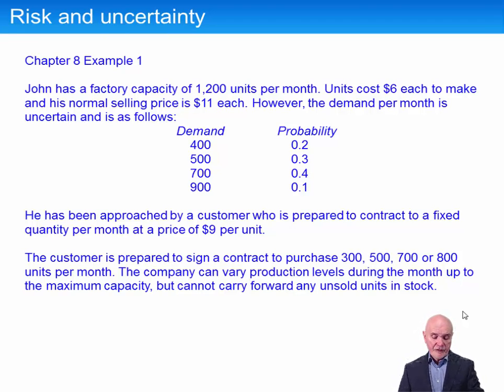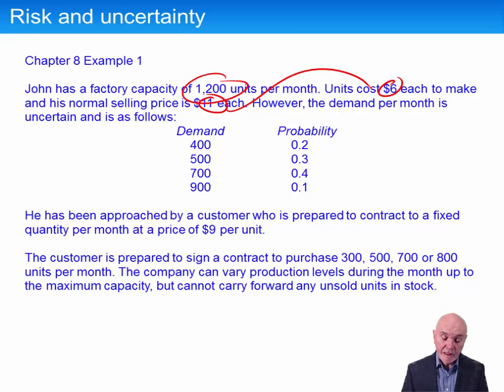So here we have John. John has a factory, with a capacity of 1,200 units per month, the maximum capacity. And John has a bunch of ordinary customers to whom he can sell at 11, and the cost is 6.